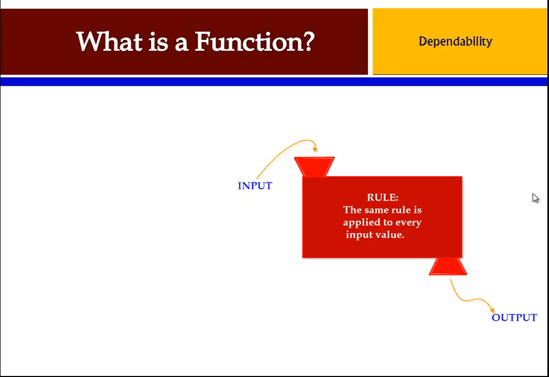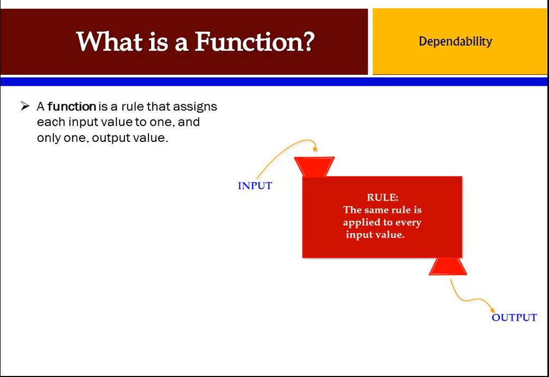And so now we want to talk about a function and this concept of dependability. And there's a picture here drawn of what might be considered a function machine. But let's talk about the definition of a function. A function is a rule that assigns each input value to one and only one output value.